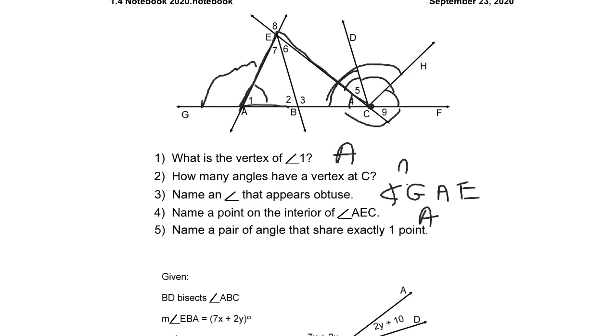Let's look at the picture. You could say angle BAE and angle GAE. Again, this picture is not clear, but I hope this short video helps you to understand the notation and the definitions, okay?